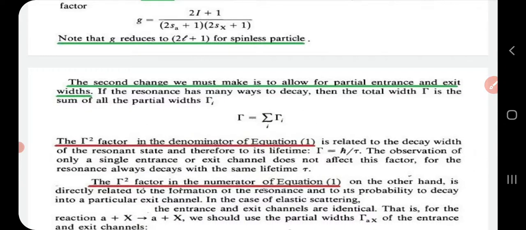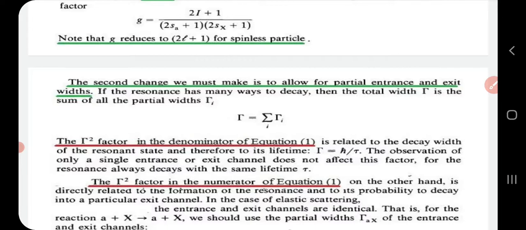Now the second change that we take into account is we allow partial entrance and exit widths. That is, if the resonance has many ways to decay, then total width tau is the sum of all partial widths tau i, that is tau equal to sigma i tau i.